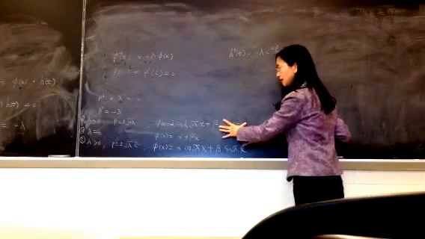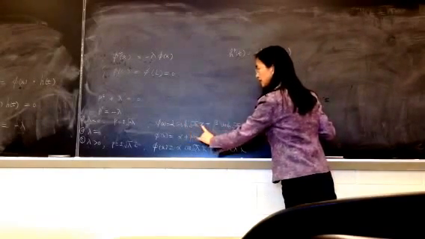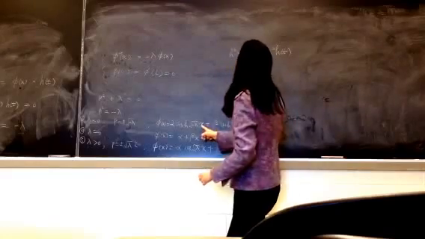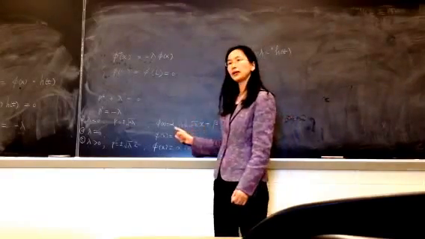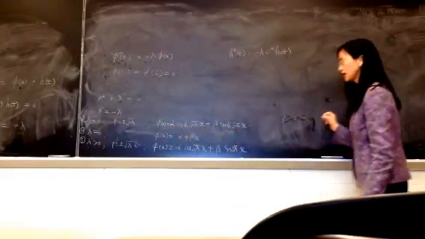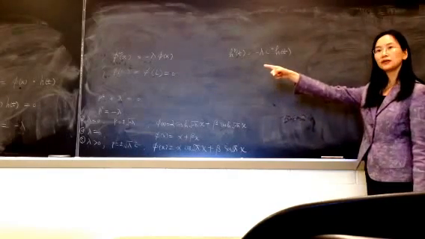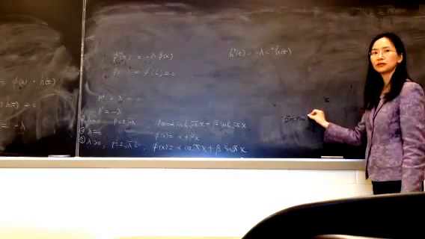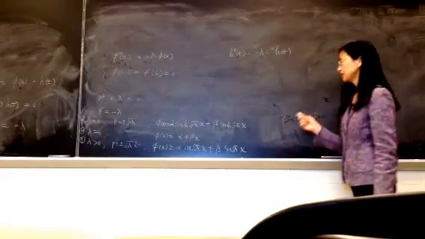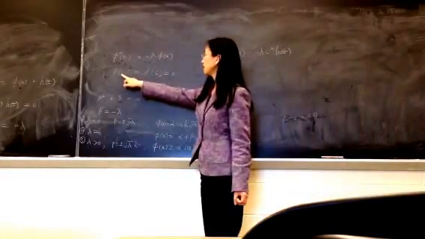And hyperbolic cosine of 0 is 1, so you get alpha. So alpha has to be 0. Okay, so we got one condition.